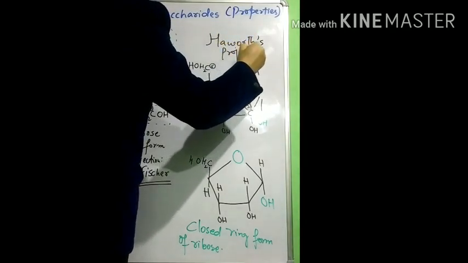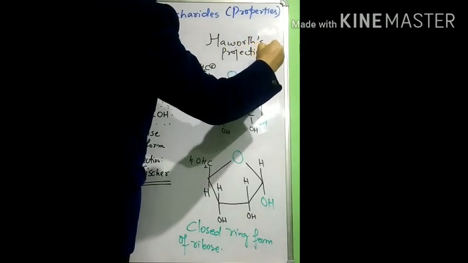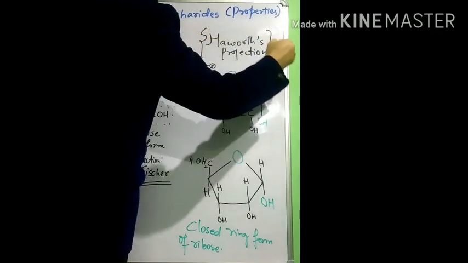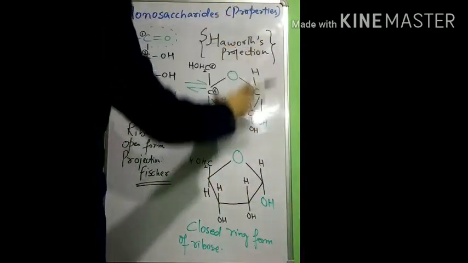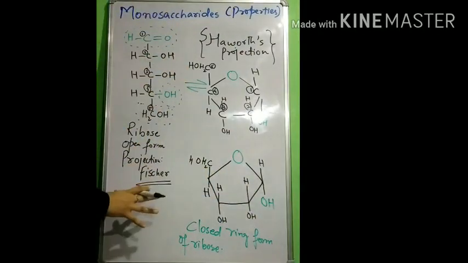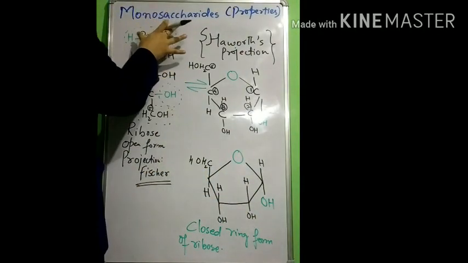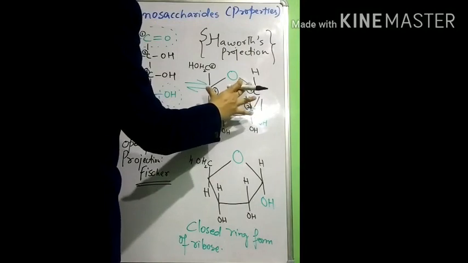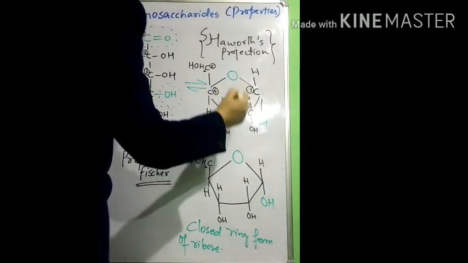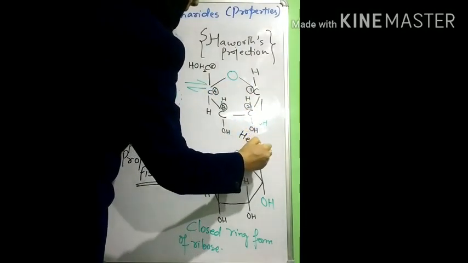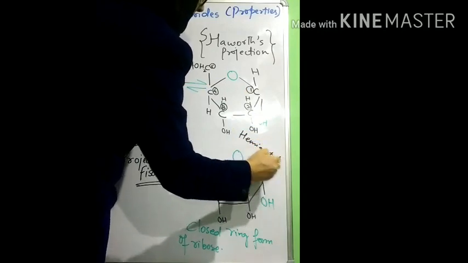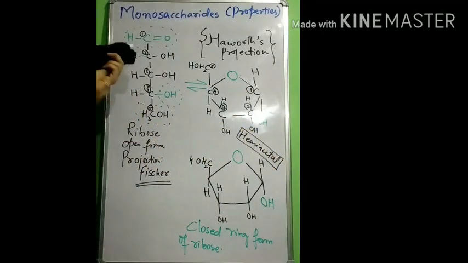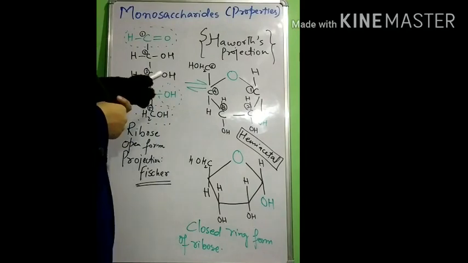So the configuration you are showing by means of which projection? Haworth projection. This is Fischer projection. And now you don't have a monosaccharide in the form of aldehyde anymore. Now it's a hemiacetal, which I discussed in the previous clip.